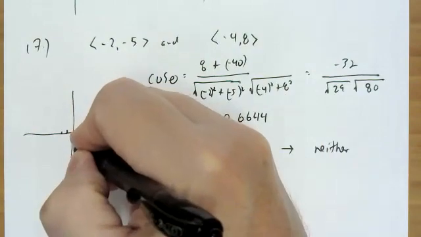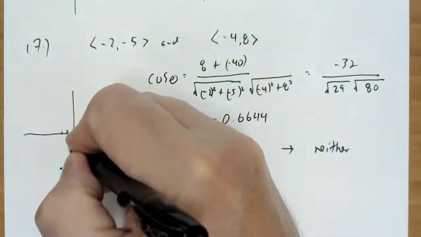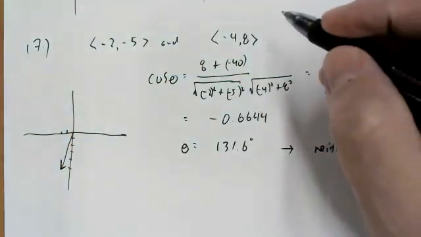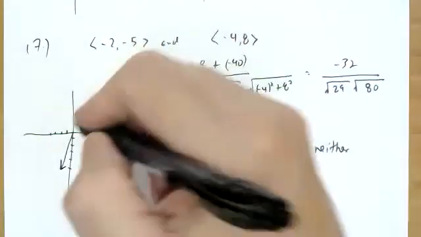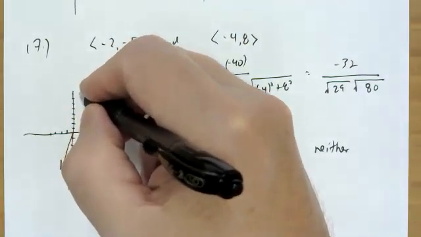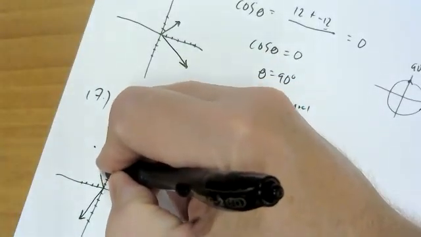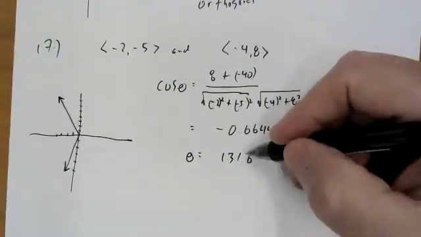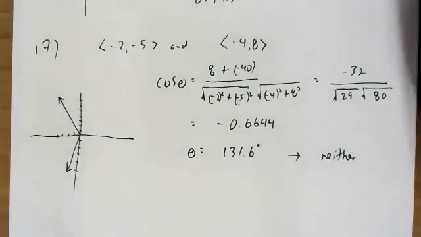1, 2, 1, 2, 3, 4, 5. And then 1, 2, 3, 4. 1, 2, 3, 4, 5, 6, 7, 8. 130, that looks reasonable.